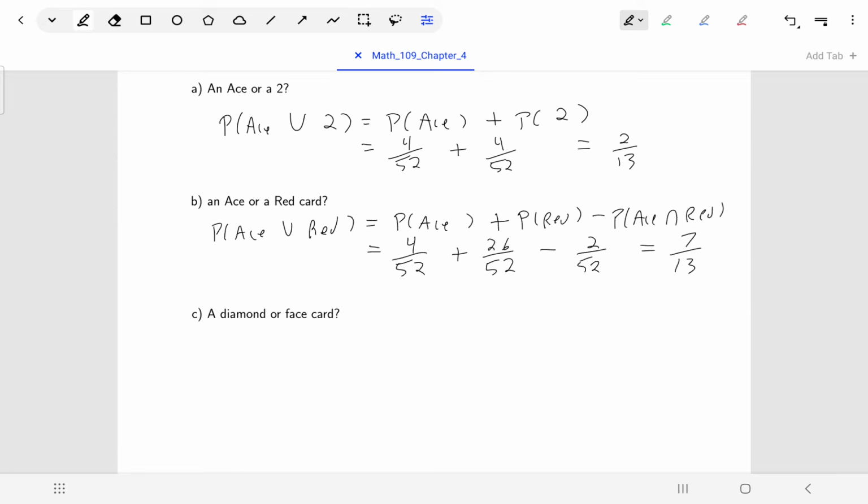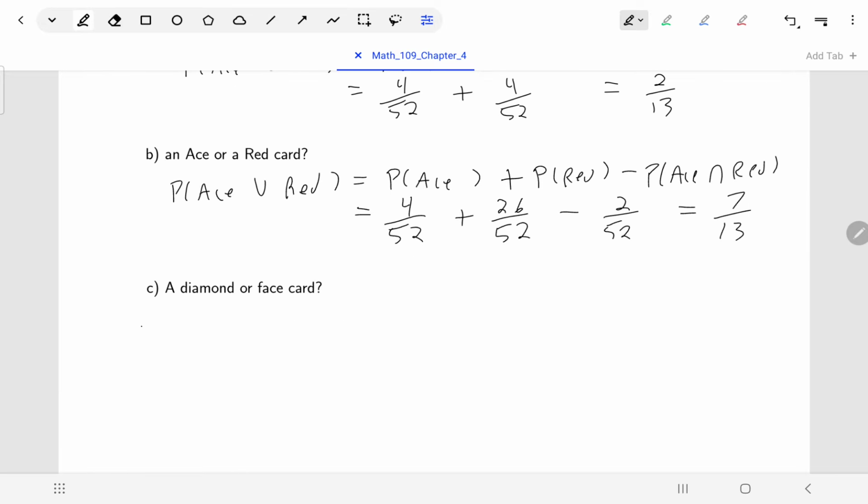Okay, last part: the probability of getting a diamond or a face card. Same thing as before, I ask myself, is it possible for these to overlap? Could you be a diamond and also a face card? Yes, you definitely could. If you were the Jack of Diamonds, Queen of Diamonds, or King of Diamonds, you would be in both of those events.